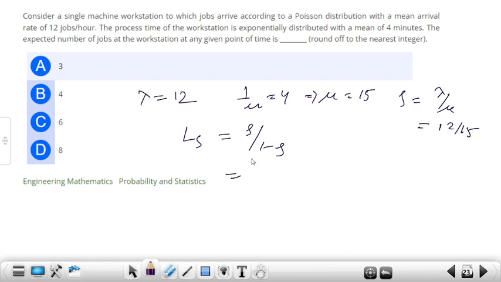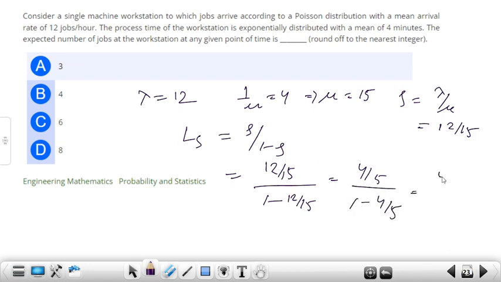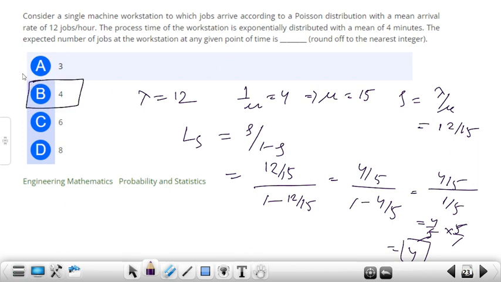Putting the value of rho, 12 by 15 divided by 1 minus 12 by 15. 12 by 15 is equal to 4 by 5, divided by 1 minus 4 by 5, which is 4 by 5 divided by 1 by 5, equal to 4 by 5 into 5 by 1, which is 4. So the expected number of jobs, that means length of system, is option B, 4.